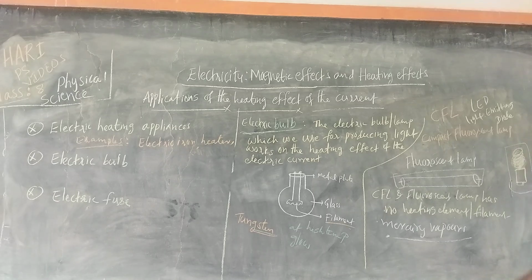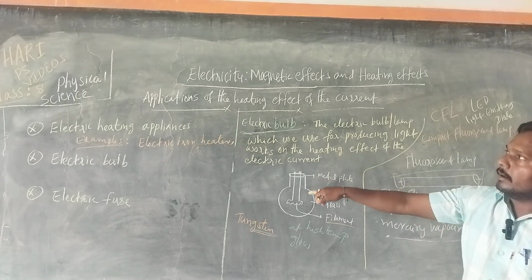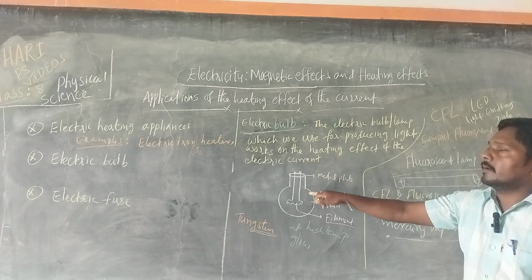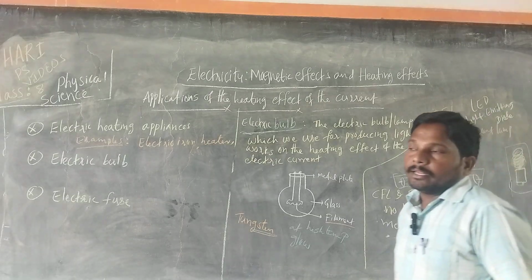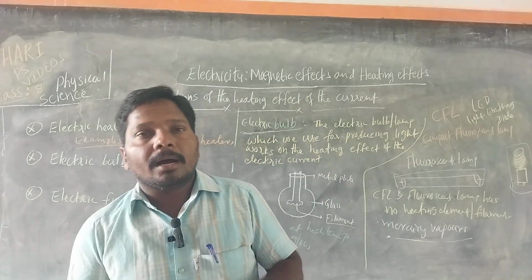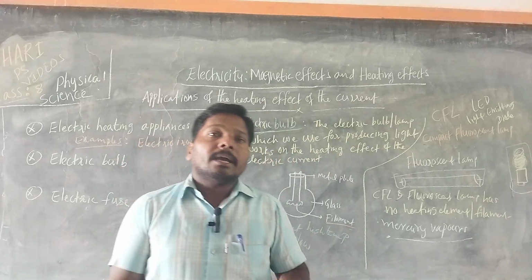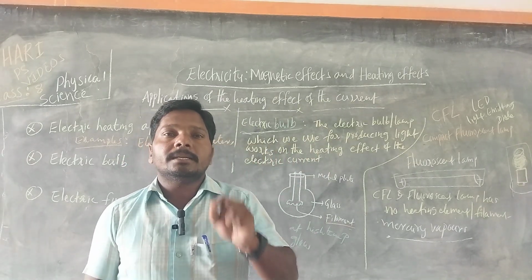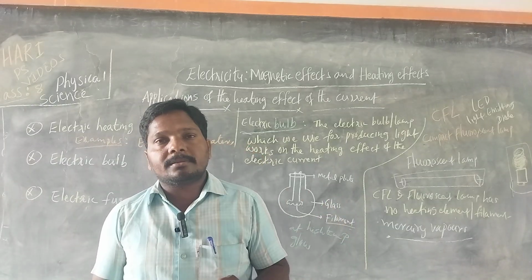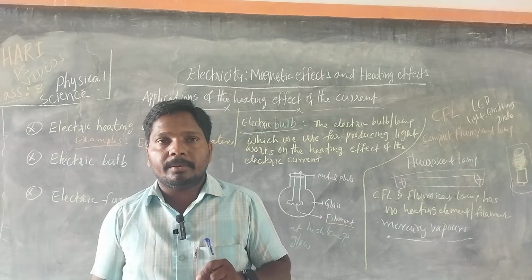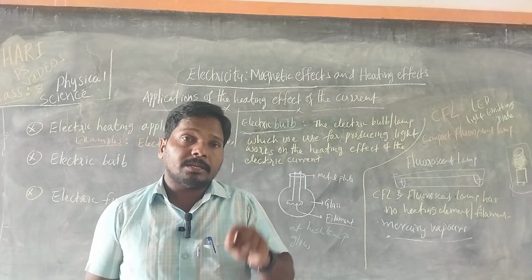So the electric bulb works on the principle of the heating effect of current, but CFL and fluorescent lamps do not work on the heating effect of electric current because they have no heating element inside. They have some vapors, some gases like mercury.